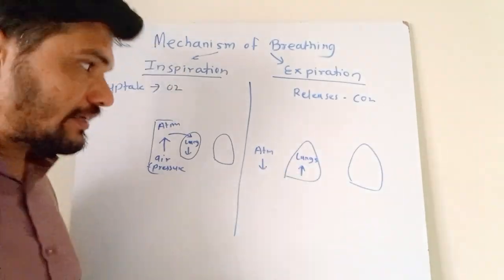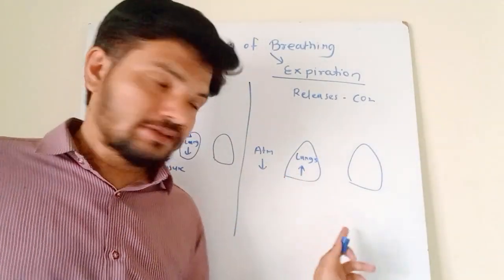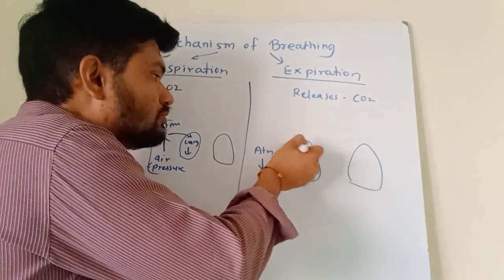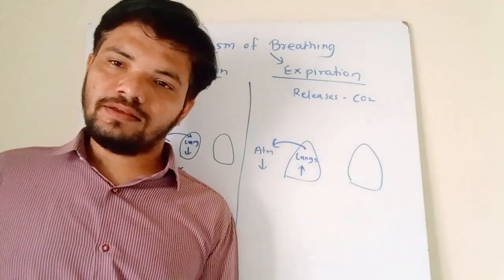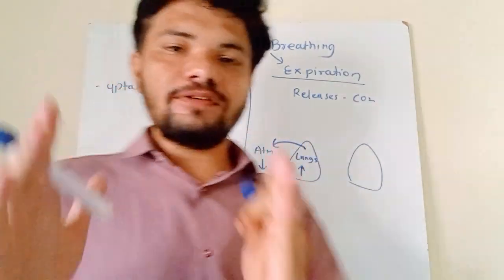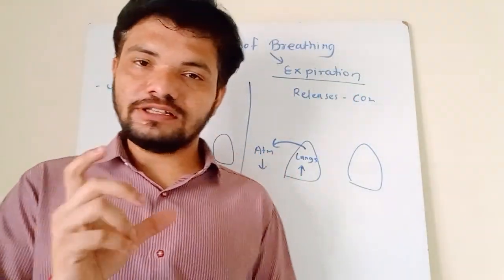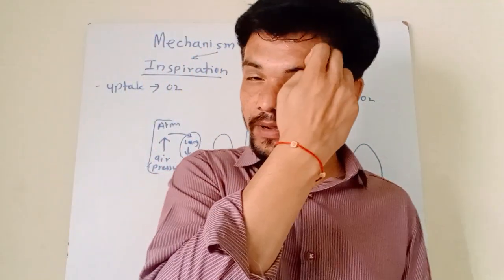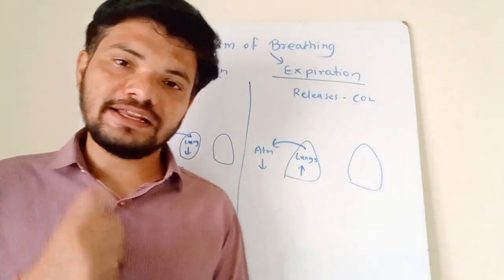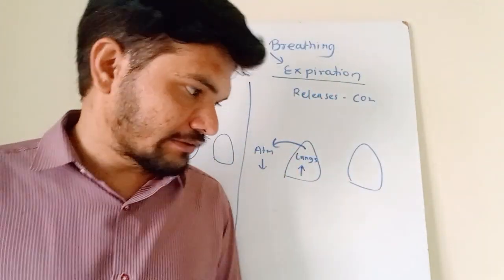The air pressure is high inside your lungs than the atmosphere, that's why air moves out of the lungs. So this is the pressure gradient between the atmosphere and your lungs. These two things you have to remember. And how this pressure gradient is created, that's what we are going to study.